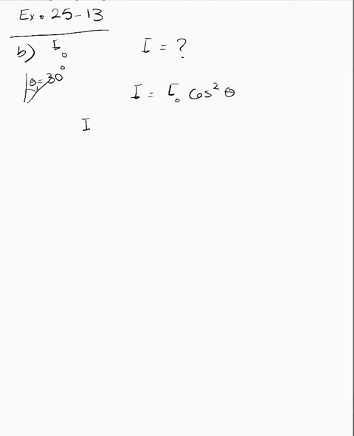So the transmitted intensity of the beam after passing through the first polarizer is going to be I naught cosine squared of 30 degrees, because this is what the problem says. So it's I naught times square root of 3 divided by 2, squared. So it gives me 3/4 of the initial intensity. This was the first polarizer.